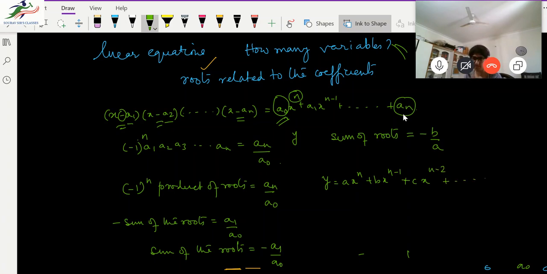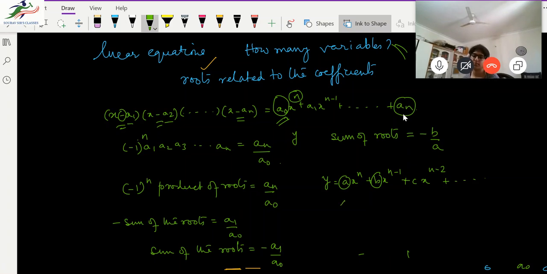If this is the case, then the sum of roots is equal to minus b by a. So b is the coefficient of the second highest power, a is the coefficient of the highest power, right?